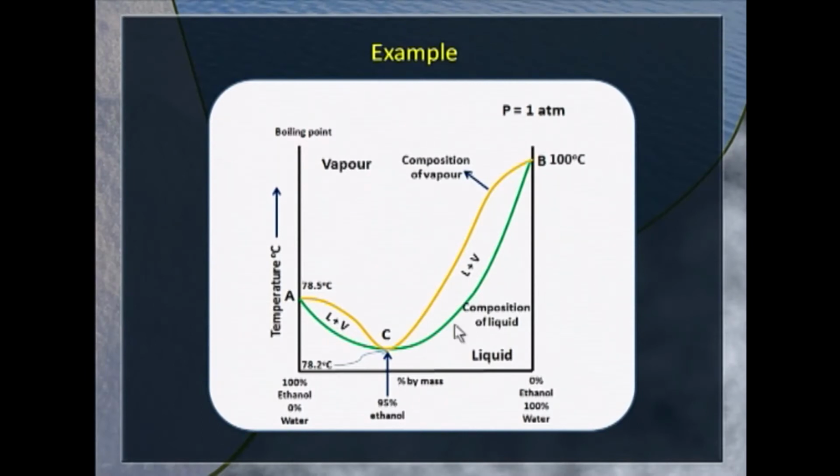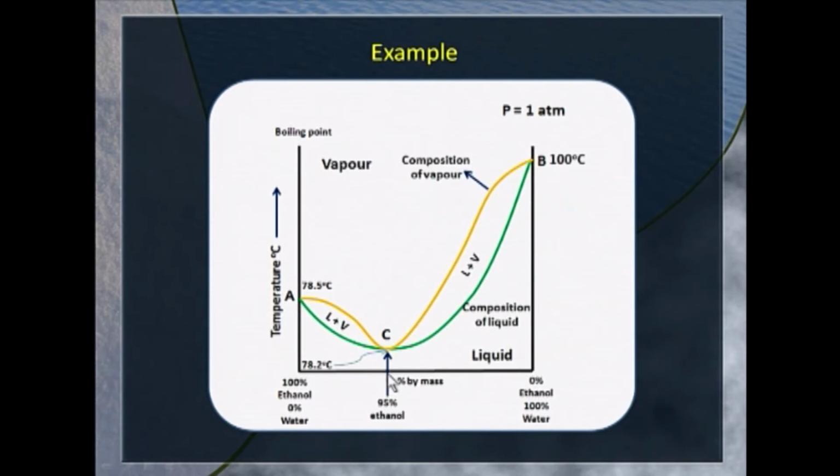An example of the system that we have here is offered by a mixture of ethanol and water. Water has a boiling point 100 and ethanol 78.5. You have a system, a mixture of ethanol and water, which gives us a boiling point minimum which has 95% ethanol.